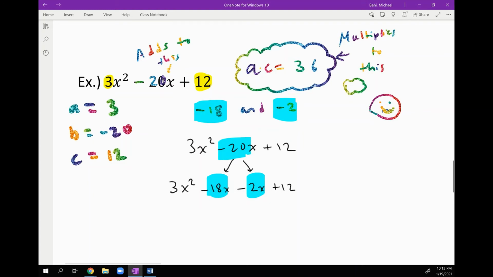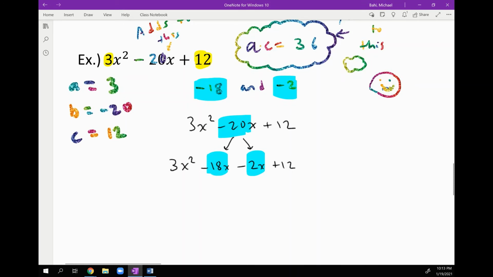And what did the wise men say about how to factor when there's 4 terms? You factor by grouping. Okay, so factoring the first half, we have 3x, and then we're left with x minus 6.